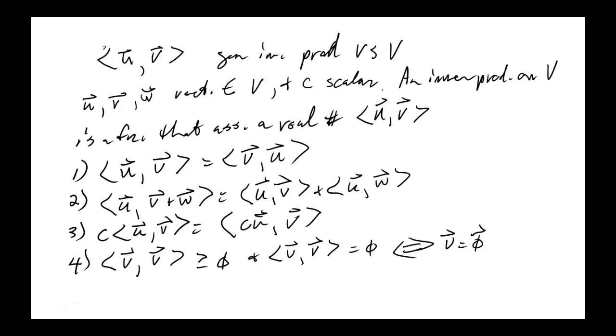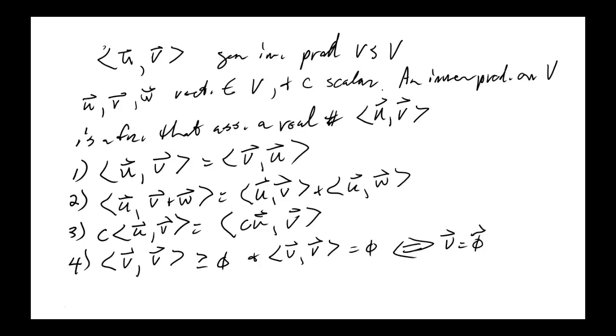Okay. Example 1, the Euclidean inner product space for Rn: show that the dot product in Rn satisfies the four axioms of the inner product space. I think we just about talked our way through all of those. Certainly, u dot v is v dot u.